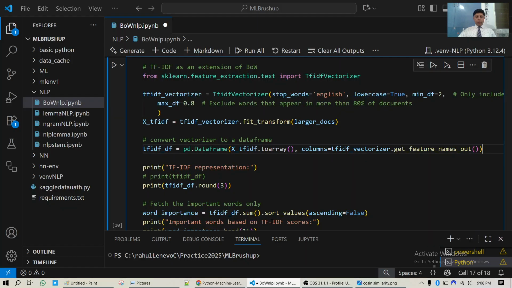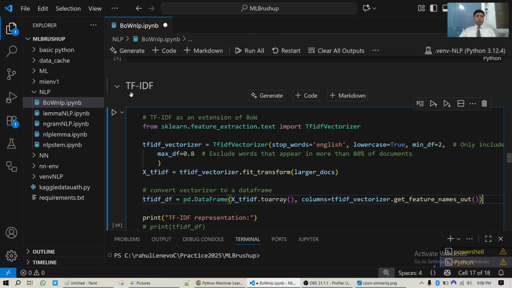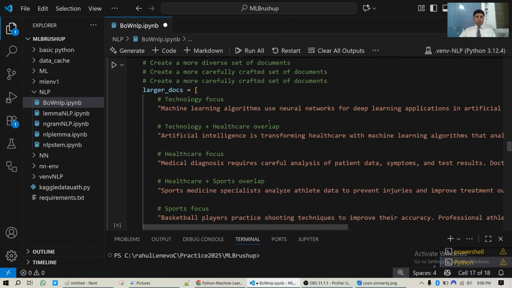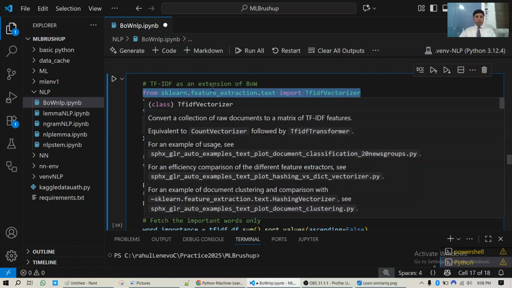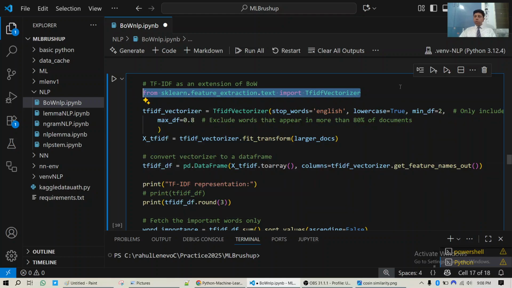Hi, so let's see. First of all, we are going to determine the TF-IDF score for all these documents, and let's check. For that, we are going to use one of the scikit-learn feature extraction tools.